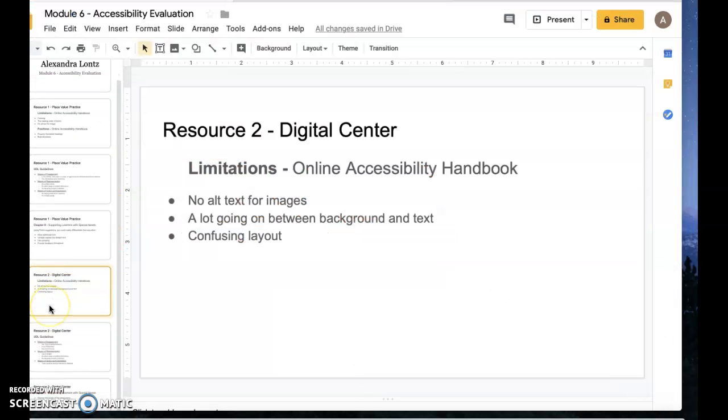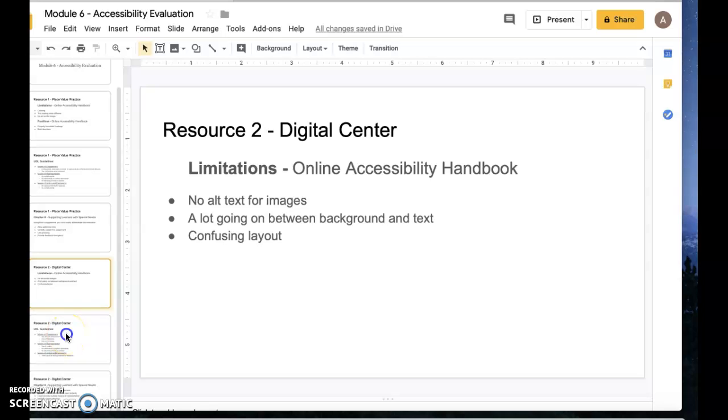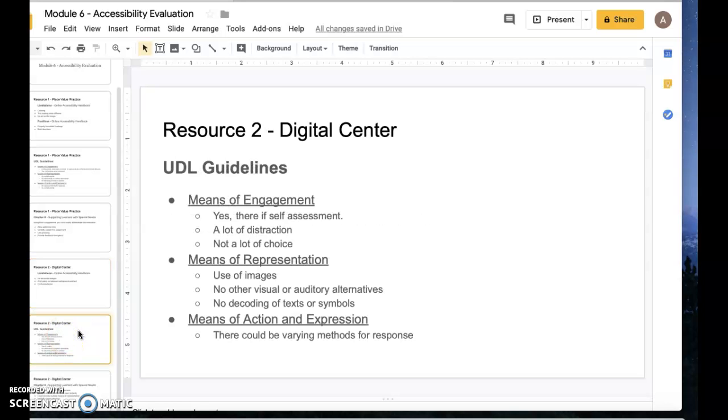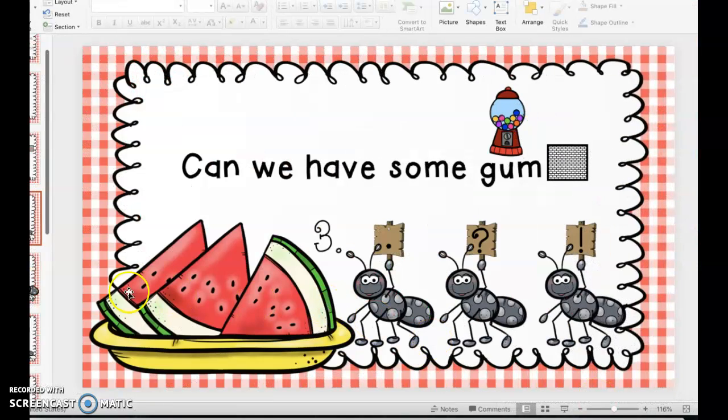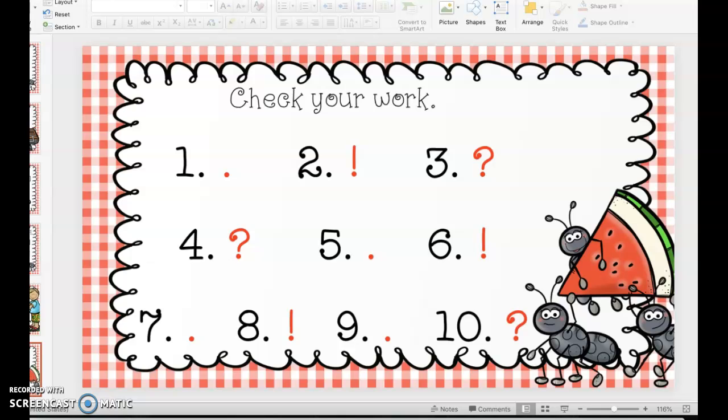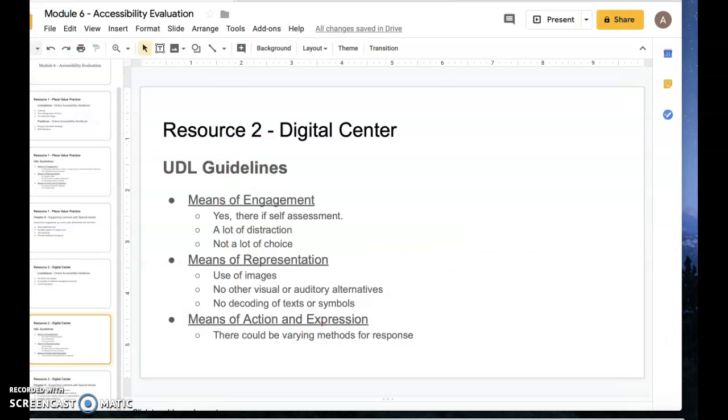So going back to this PowerPoint, based off of the UDL guidelines, there is a part for self-assessment at the very end if you just wanted to check your answers. But there was a lot of distraction and not a whole lot of choice in this particular activity.